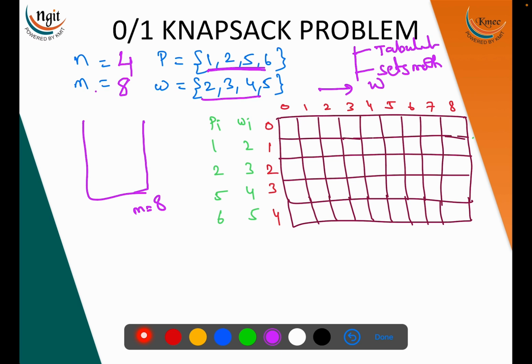It will happen that 2 kgs are utilized by some object and 3 kgs are utilized by some other object. So put together we will come to m is equal to 8. That is the reason why I have divided these figures up to 8. I'm not going beyond 8 because my bag capacity is only 8. So these are weights. Now this box has to be filled with the profits of the items.